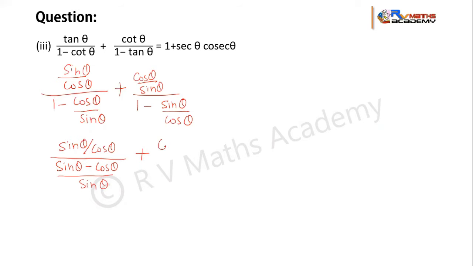Now this is cos theta upon sine theta, and here in the denominator you can write cos theta minus sine theta upon cos theta.